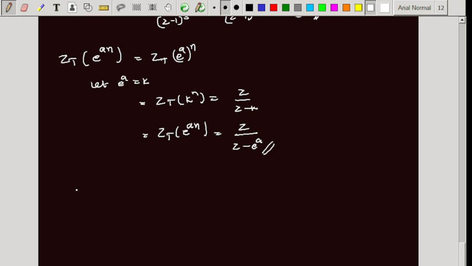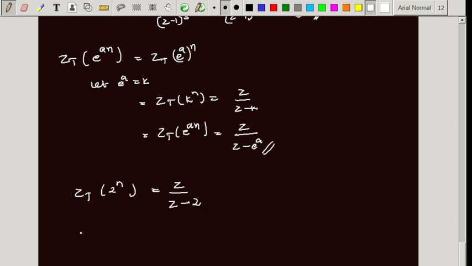Similarly, z transform of 2 power n is nothing but the form of k power n formula. So z divided by z minus, instead of k we have 2, so z by z minus 2.